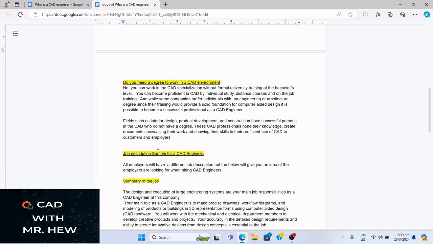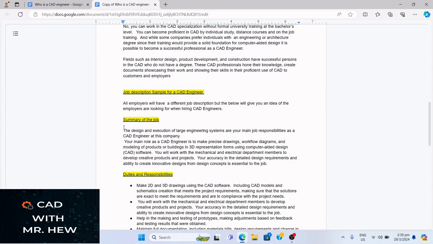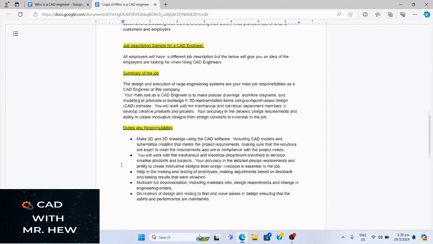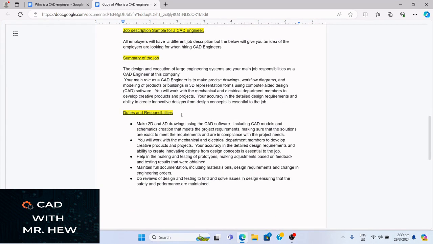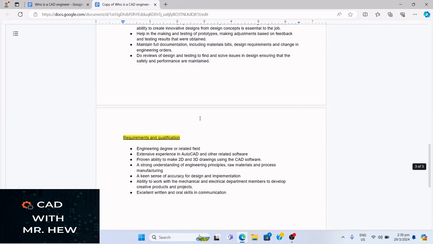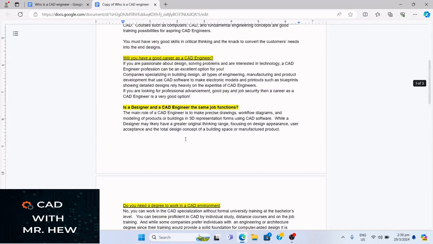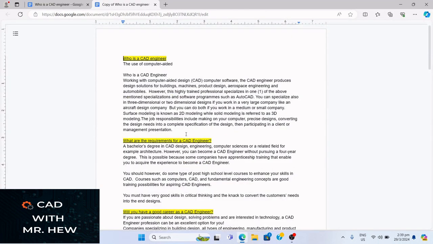And a job description sample for a CAD engineer, a job summary of the CAD engineer job roles, the duties and responsibilities for a CAD engineer, and the requirements and qualifications to become a CAD engineer. So if you were making a PowerPoint presentation for yourself, this is how you would approach your presentation.